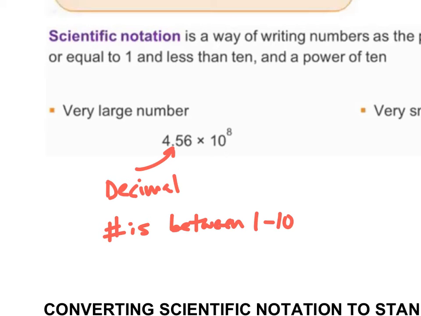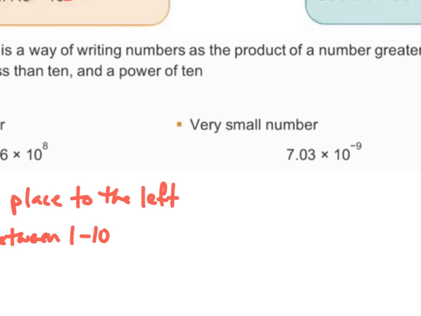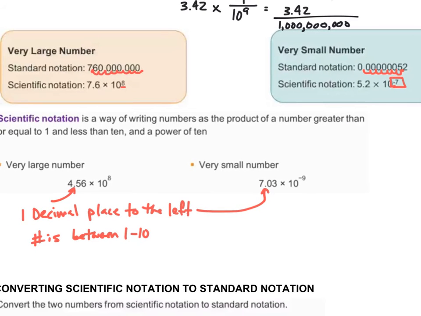That's going to be the same case here and here. 7.6 is between 1 and 10. Same thing with 5.2, that's between 1 and 10.